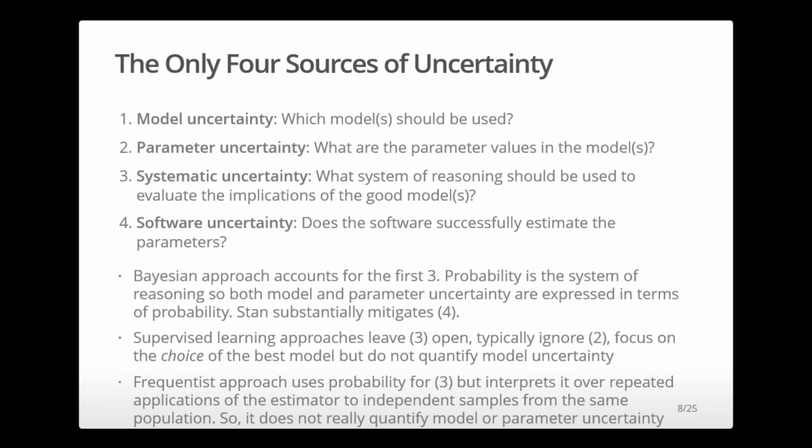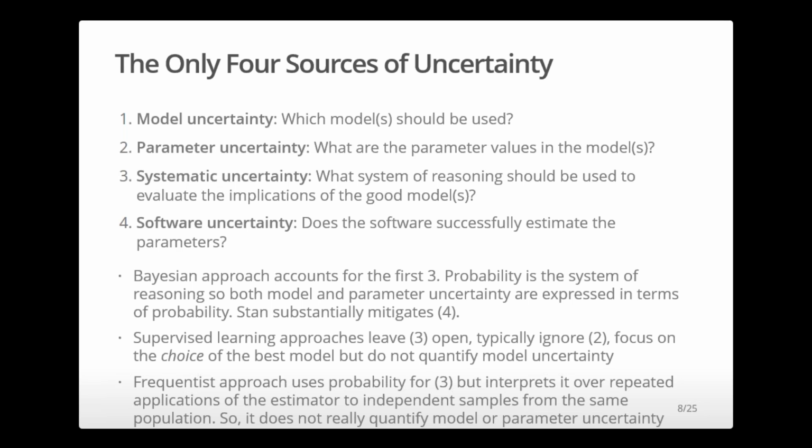It also uses probability to reason about the implications of good models, but it interprets probability in a different way. It interprets it as uncertainty over the estimator if the estimator were applied repeatedly to independent samples from the same population. And that metaphor is something that is perhaps relevant for survey sampling and government purposes, but doesn't seem to have a lot of credibility for business decisions where you're not going to sample many times.